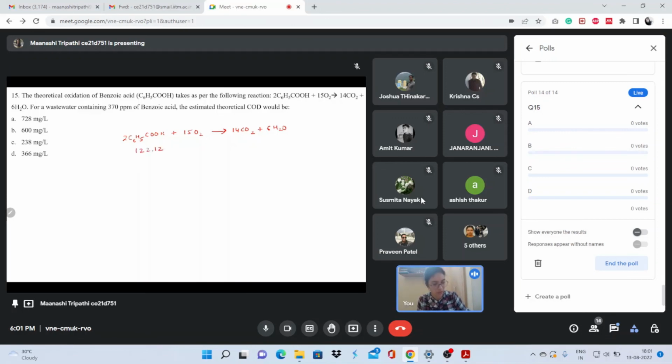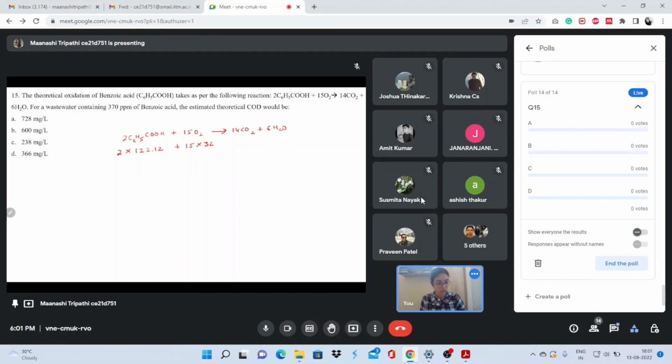I found this on the internet. Please check if it's correct. Because two molecules of benzoic acid are there, we will multiply it by 2. And 15 molecules of oxygen are there, so we will multiply it by 15.